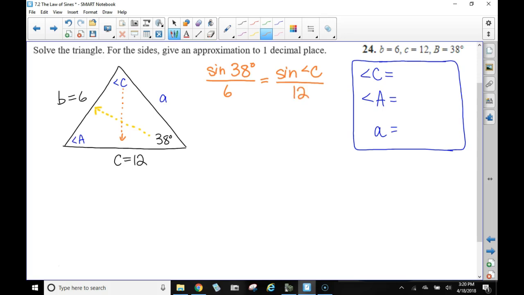Okay? So now I'm going to clear out the fraction by multiplying both sides by 12. So the 12's reduced there. I see right here, the 12 and the 6 will reduce. That doesn't always happen, but hey, if we can reduce, we might as well.